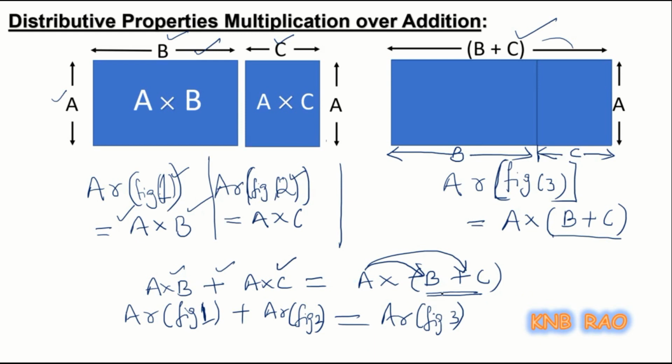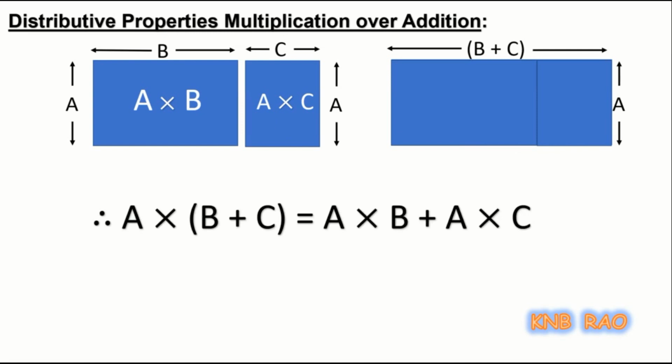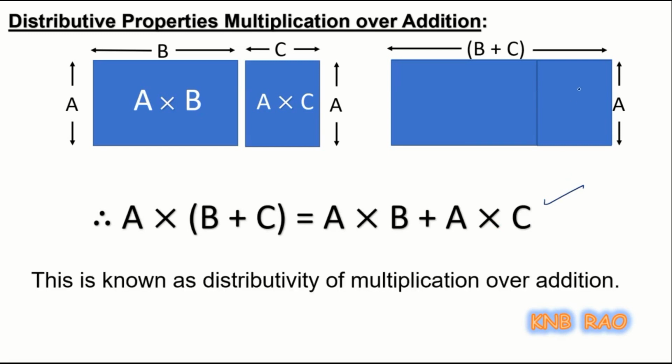Here I am giving in gist the formula. So students, the formula is A into (B plus C) is equal to A into B plus A into C, and this is known as distributivity of multiplication over addition, or distributive property over addition.